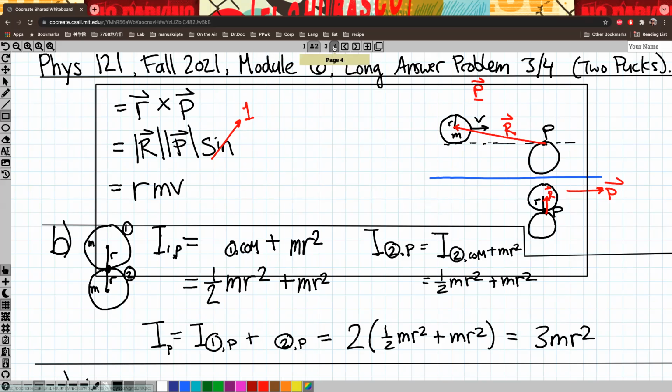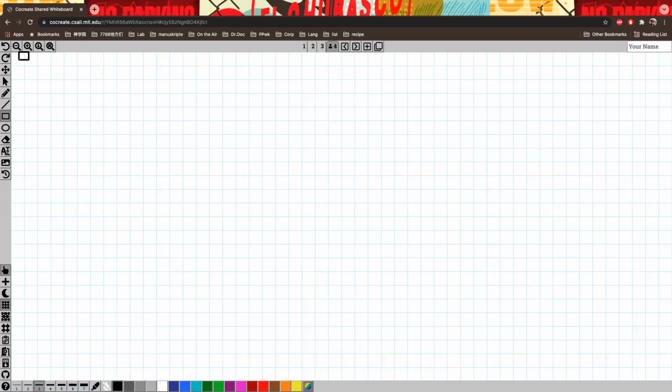I'll just make a new one. Okay. Page 4. All right. Module 6. Yeah, now we got a new page for this one.